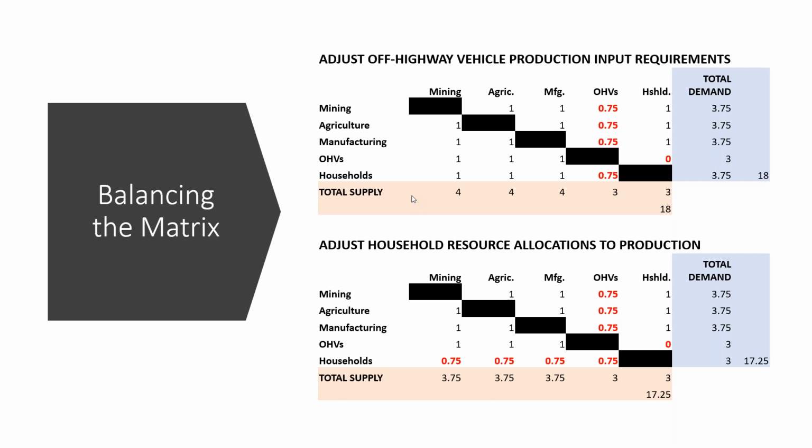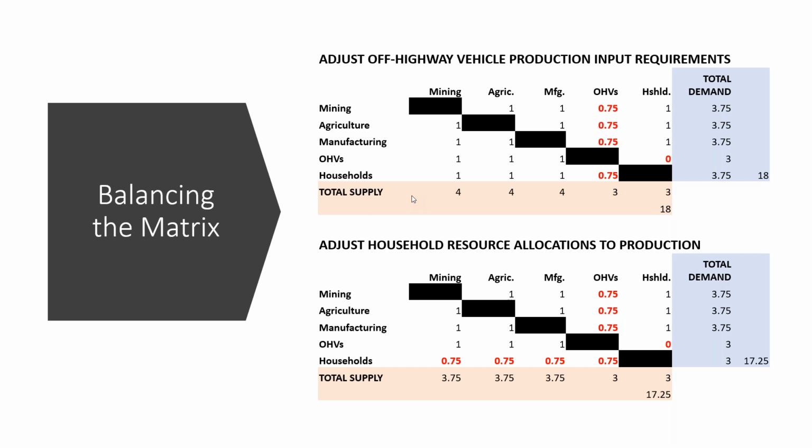They're still separated by, that'd be the bottom of the total demand column and the right-hand side of the total supply row. Households are only receiving 3 units of stuff, but they're putting 3.75 units of inputs into the economy, and they're only consuming 3 units because they're not doing off-highway vehicles.